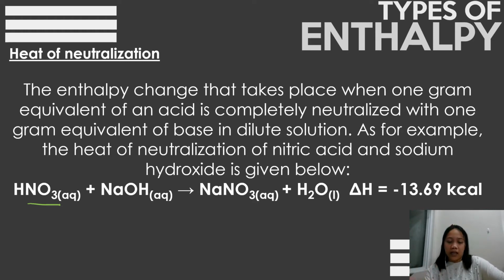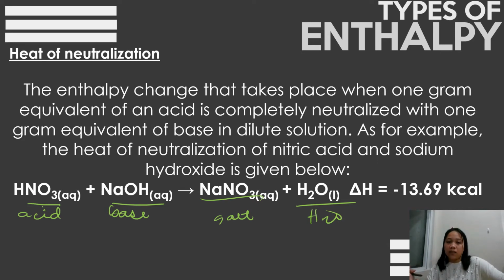and water. So in neutralization, of course, we know that you should have an acid and you should have a base, and your product should always be a salt and water because you are neutralizing. So when you say heat of neutralization, if the chemical equation involved is neutralization, then the enthalpy change that you are looking for is the change of H sub N. That means you are looking for the change of enthalpy in a neutralization process.